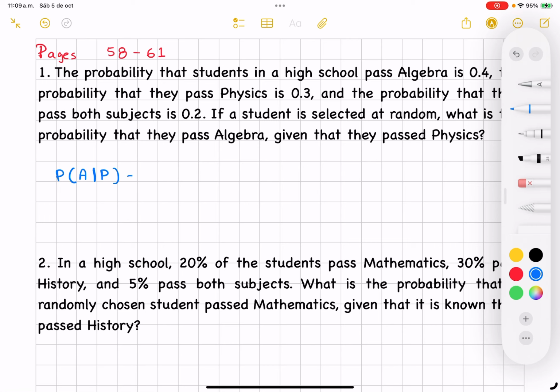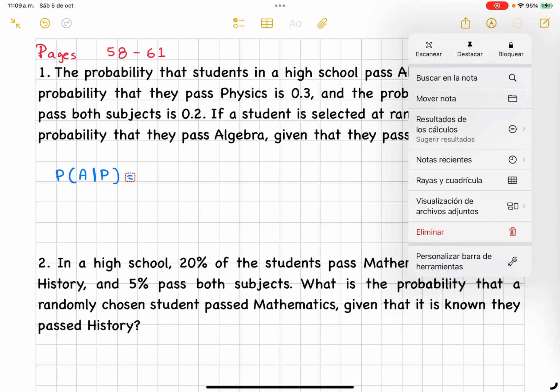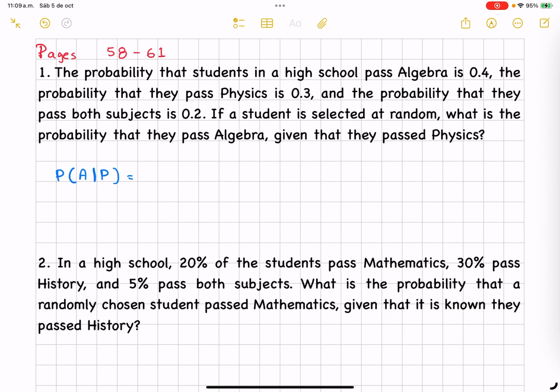According to this, always, guys, we are going to pick the probability that both things occur, divided by the probability of the situation that is the condition, the situation that we know has already happened.